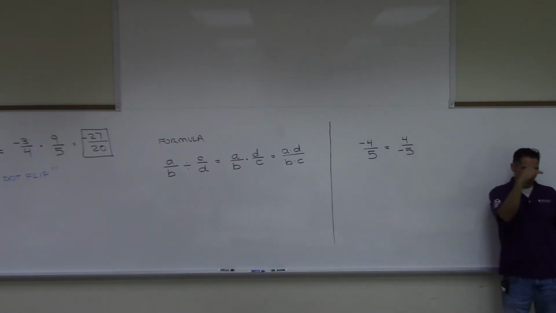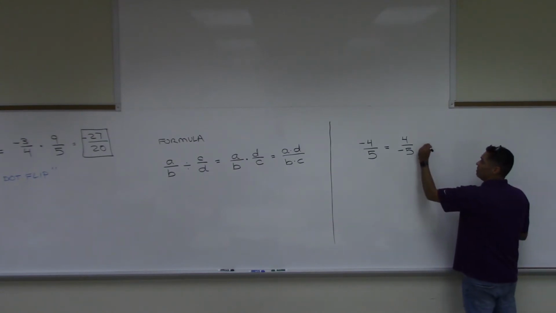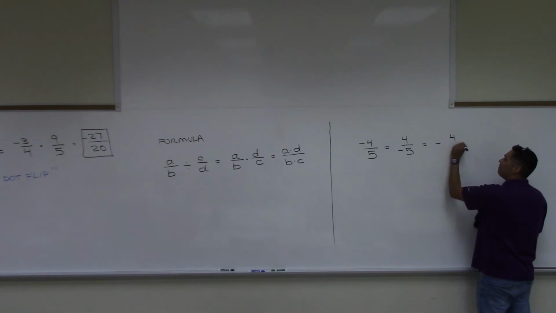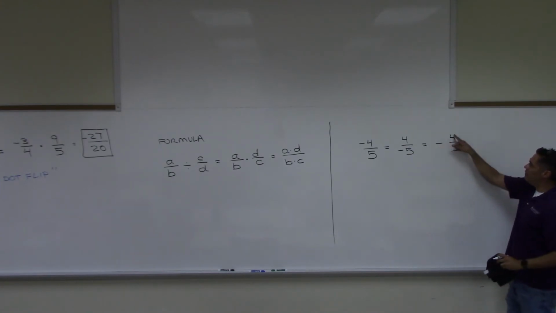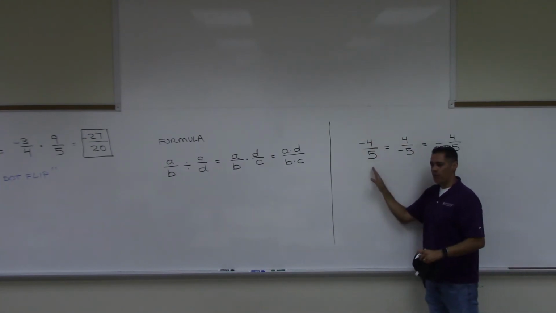So any negative floating in a fraction can either be on the top or bottom, your choice. Or you can also pull the negative completely out in front of the fraction and look at it like this. Negative 4/5 is the same as 4 over negative 5, but that's the same as negative 4 over 5.